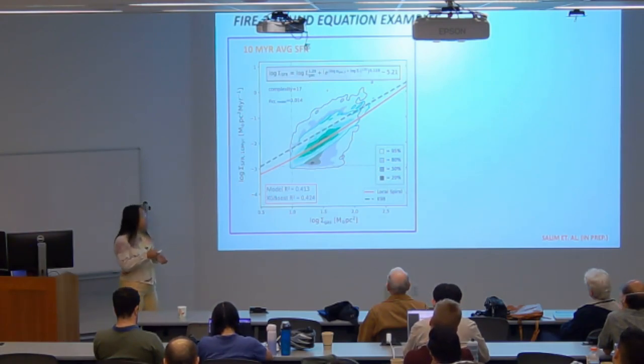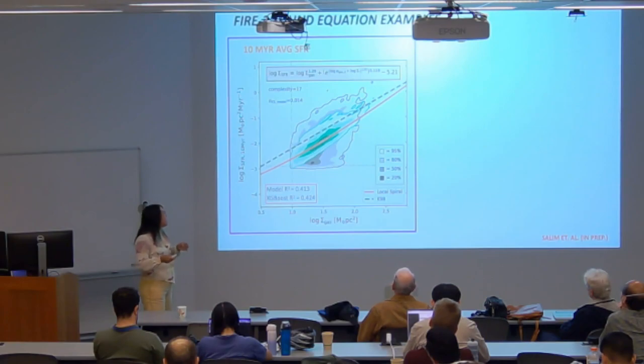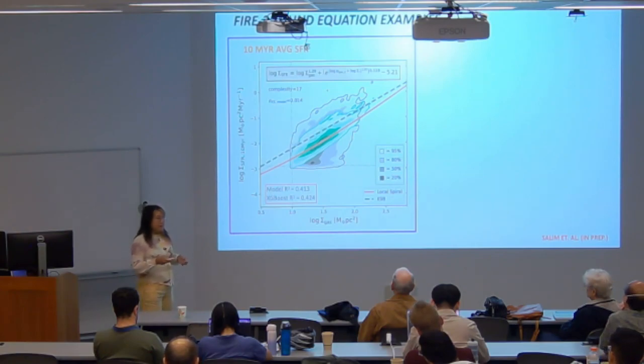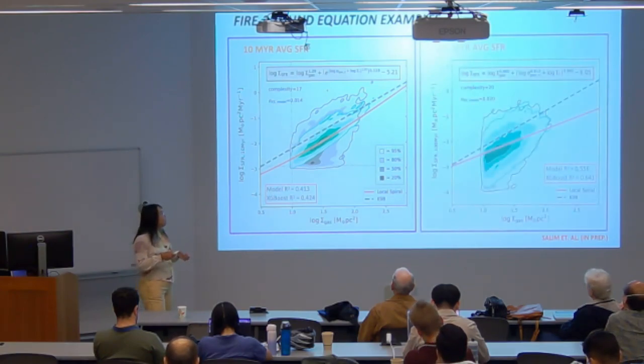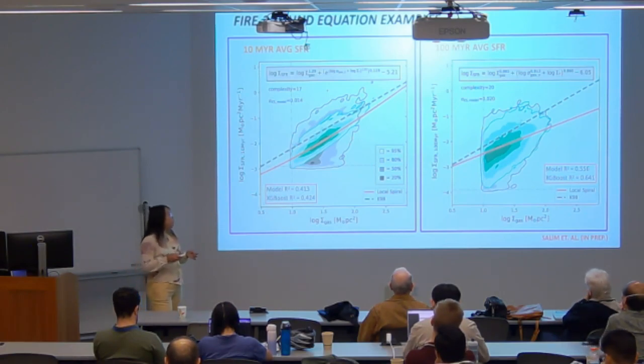However, it didn't recreate the dispersion in the Kennicutt-Schmidt plane very well, none of them. And the equations don't really seem like top-down or bottom-up, so we can't really say that much about it. But we are confident with some of our equations found for the longer time scales.